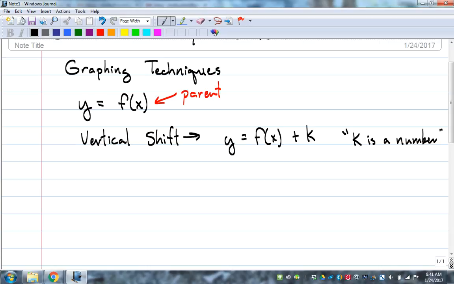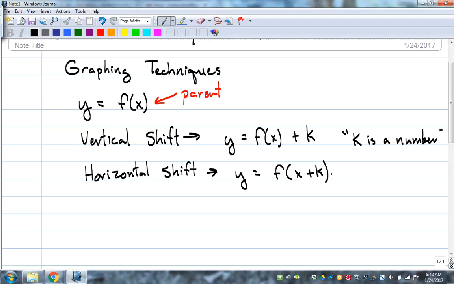Okay, on the outside. Horizontal shift. Horizontal moves left and right, correct? So if it's horizontal, it's going to happen to x. Okay. If it's plus, it's left.